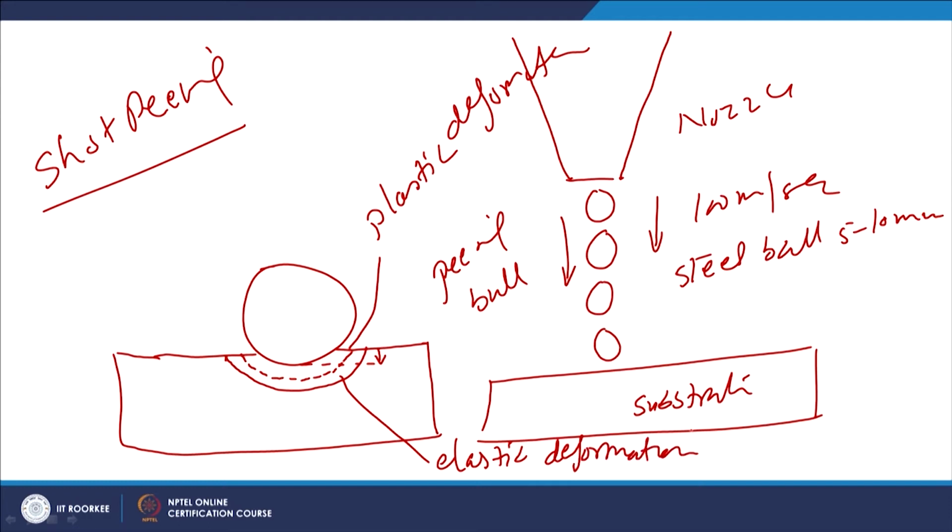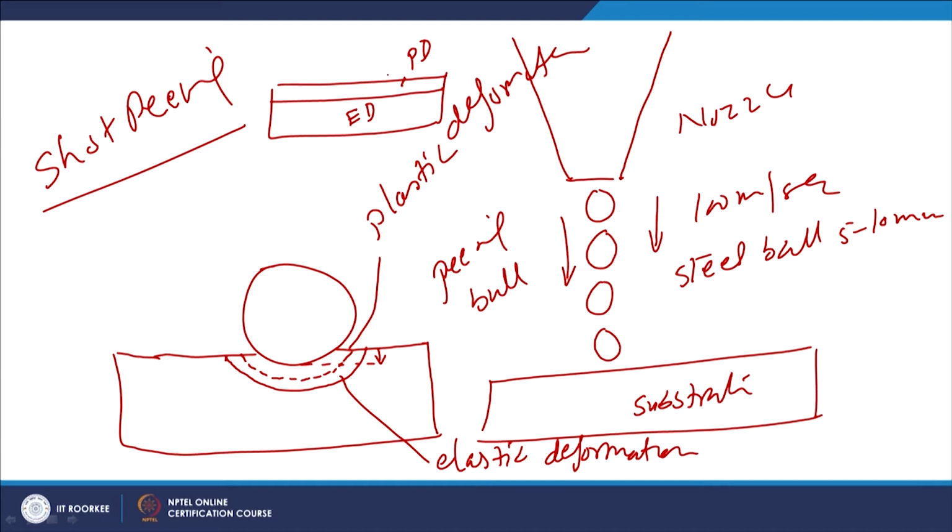So, once the ball impacts the substrate, plastic deformation takes place, and coupled with that the near subsurface layers are also subjected to deformation. So, two types of zones are generated like this. The top surface will be under the influence of plastic deformation, and below that it will be under elastic deformation.